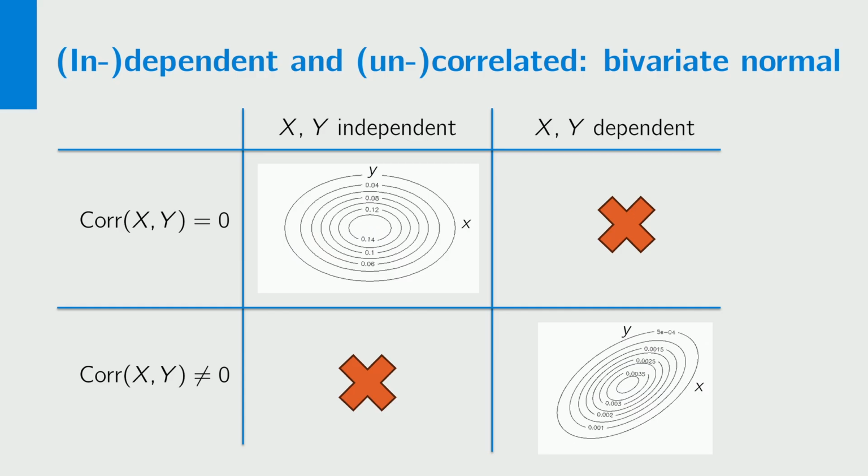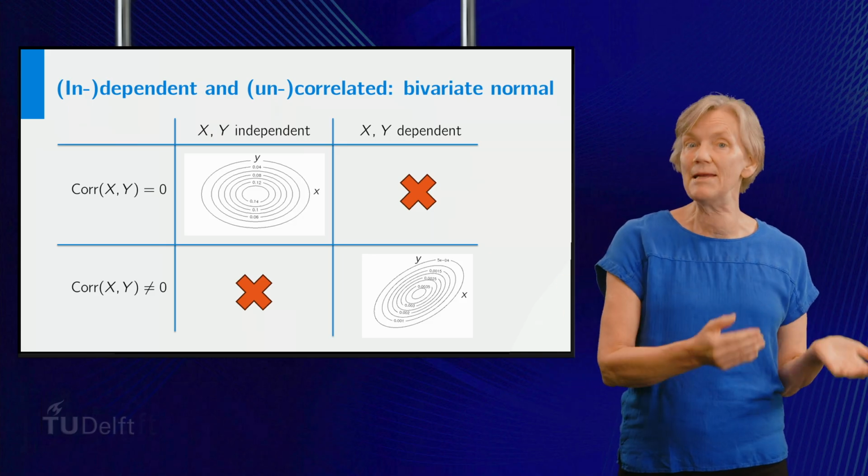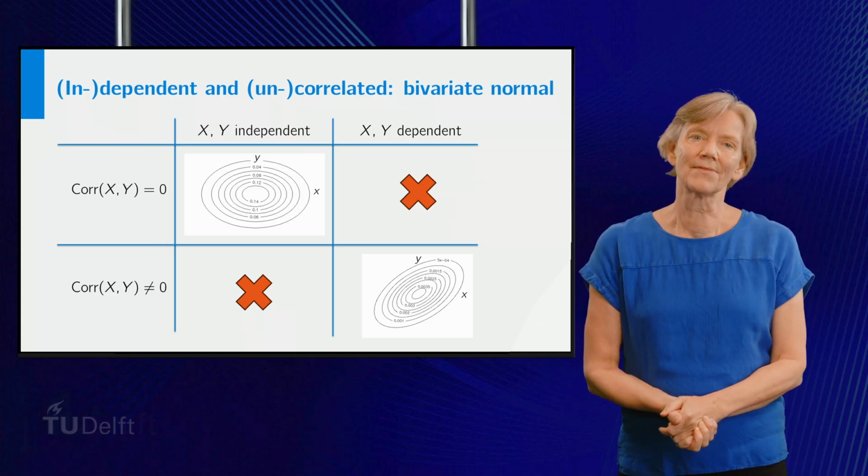In the bivariate normal case, however, independence is equivalent to having no correlation. So there are only two possible combinations. Either it is the neighbor's case, x and y are independent and uncorrelated, or it is the sister's case, x and y are dependent and correlated.